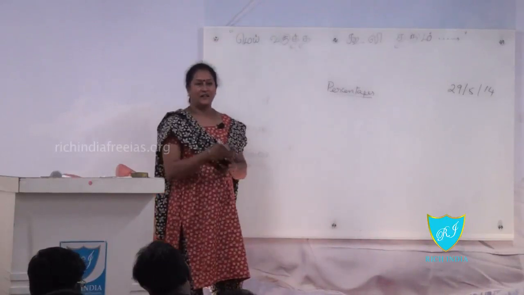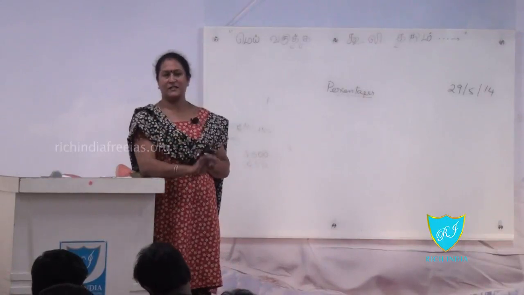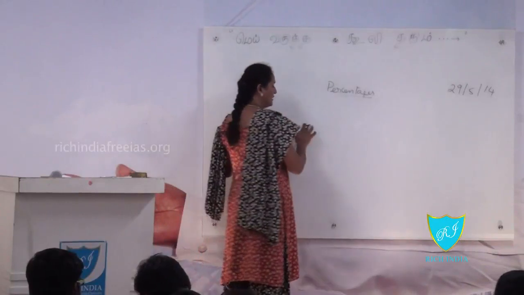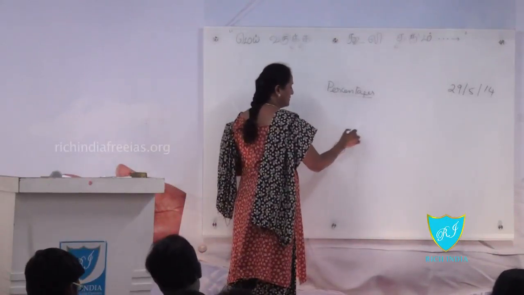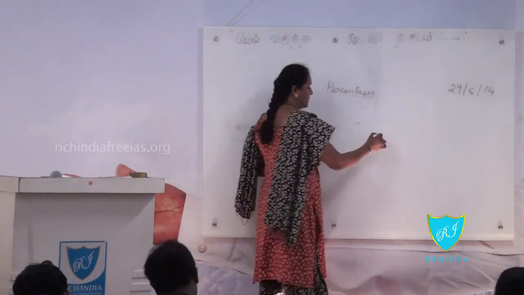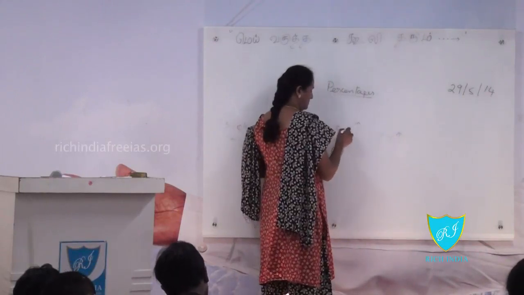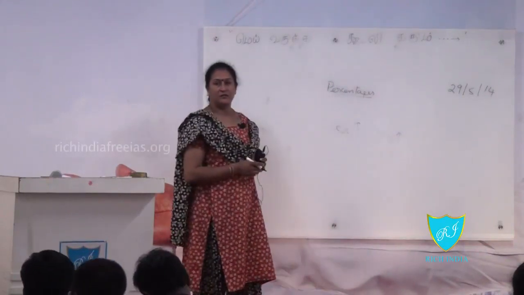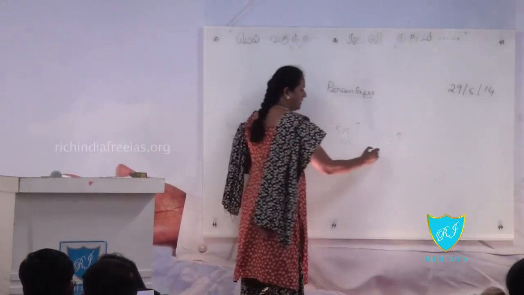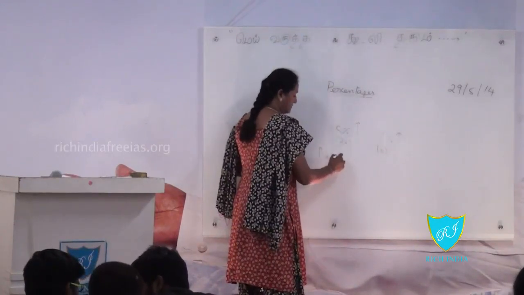So we will see the next concept. This is based on percentages. So how to work out with percentages. Suppose the value of an article is increased by X%, and then again it is increased by Y%. Say it is increased by 20% and by 10%. So what will be the net increase percentage?